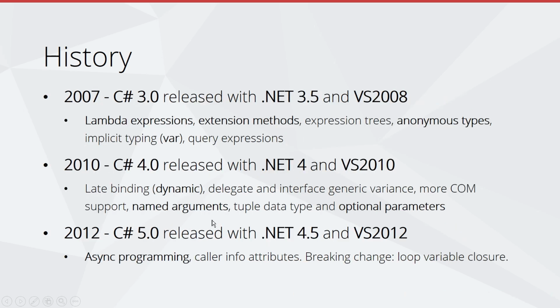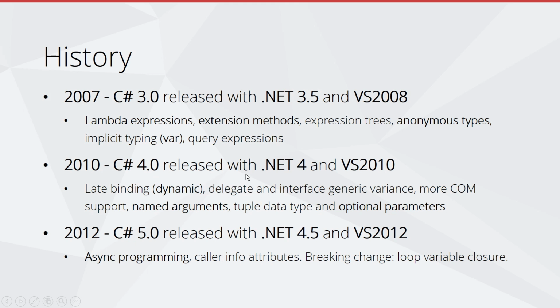In 2007, we had C#3, which gave us lambda expressions, which I'm sure everyone loves and uses now, extension methods, and anonymous types, which is our var keyword. In 2010, C#4, we got dynamics, named arguments and optional parameters, some of which were in VB.NET, which C# then got.